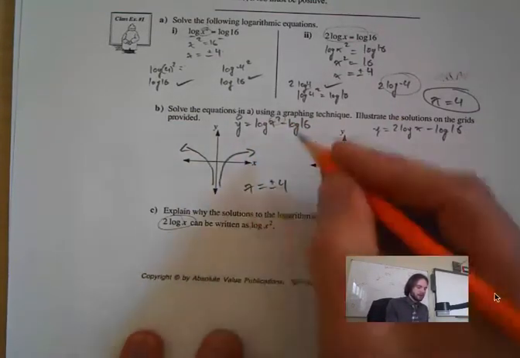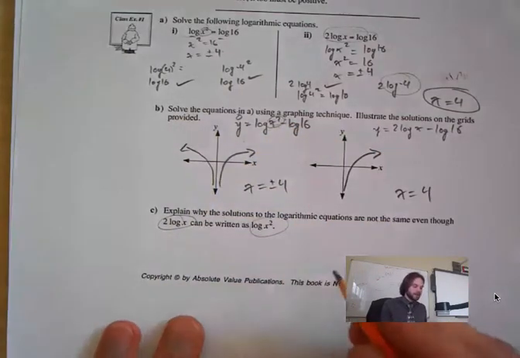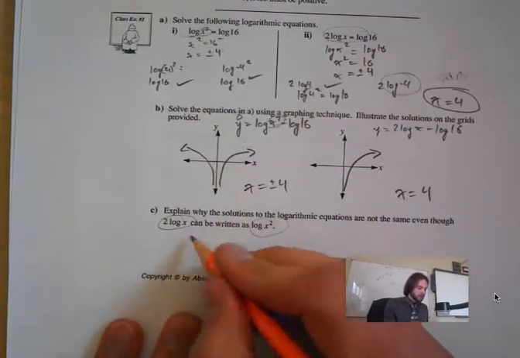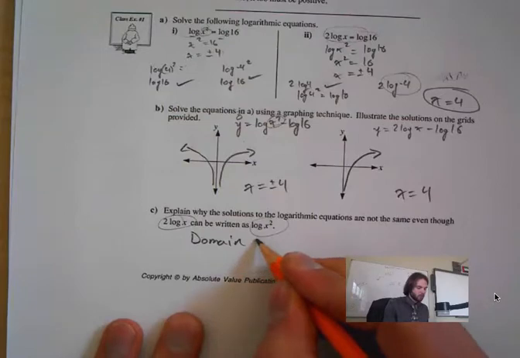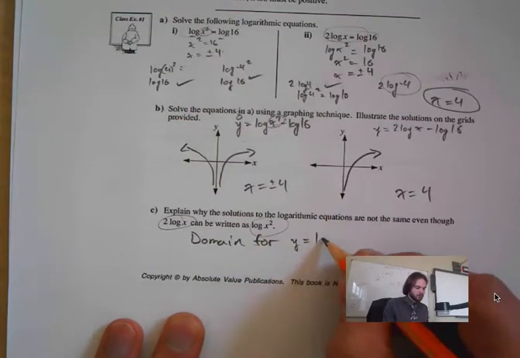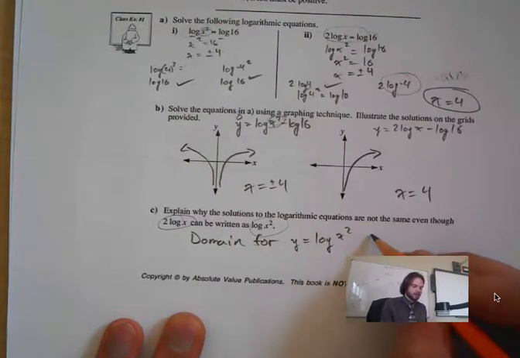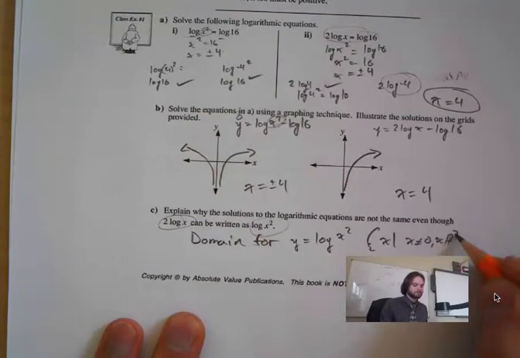For this one, x is squared, so it could be all positive or all negative, but it cannot equal 0 because you cannot take the log of 0. So my domain for y is equal to log x squared is: x such that x cannot equal 0, and x is an element of all real numbers.